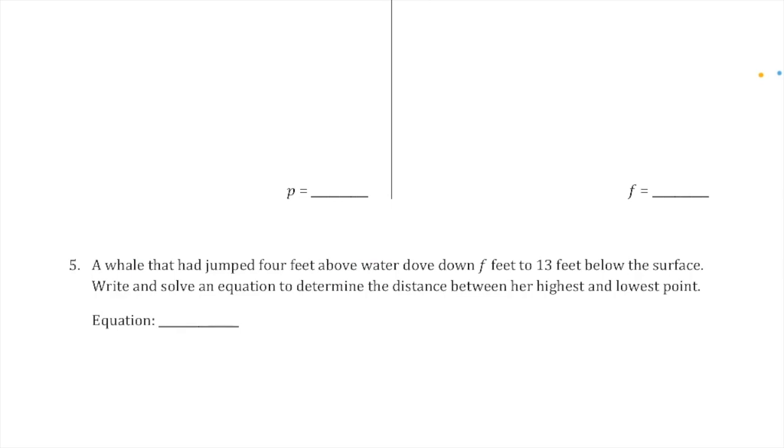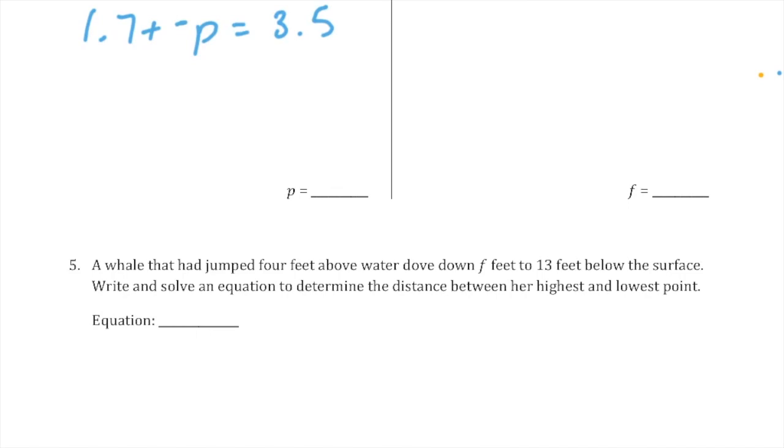Okay, so now let's look at question number 3. 1 and 7/10 minus p equals 3 and 5/10. Well, I'm first going to write this equation as an addition equation. So 1 and 7/10 plus negative p is equal to 3 and 5/10.